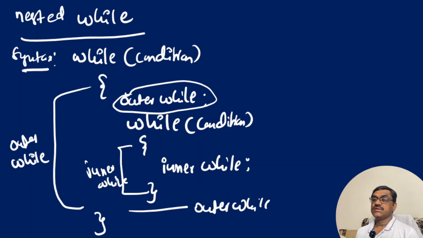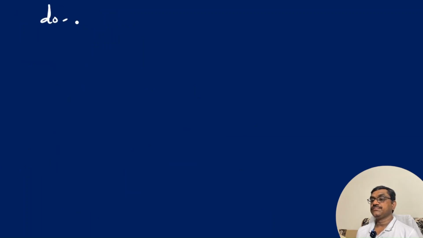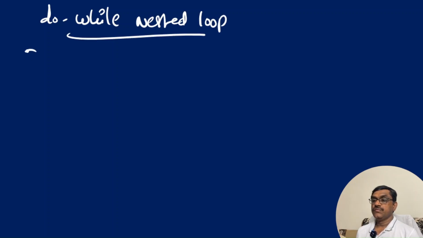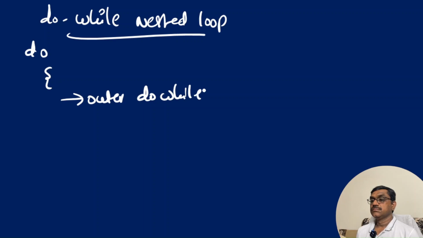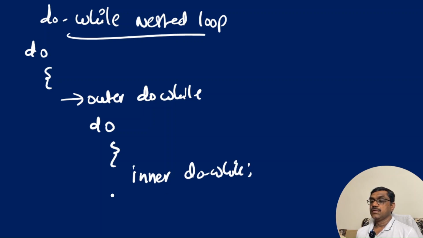After completing the nested while loop, next we are moving to the nested do while loop. First we write do, opening brace. This is outer do while. Now here again I am writing do, with some statements. This is the inner do while. Closing brace.